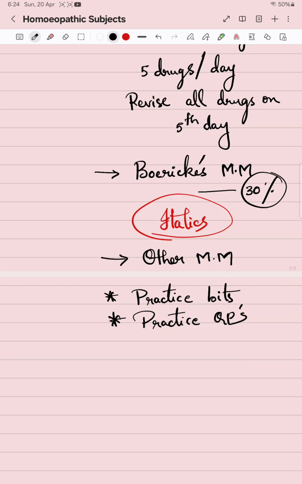In materia medica, the more you practice the bits, the more you can recall the remedies or the symptoms, which is easier for you to attempt in the exam, because it is 120 bits, 120 minutes. You can't sit and think for each bit for more than a minute. So, you have to be quick in recalling. So, the only thing you can do is repetitive study.